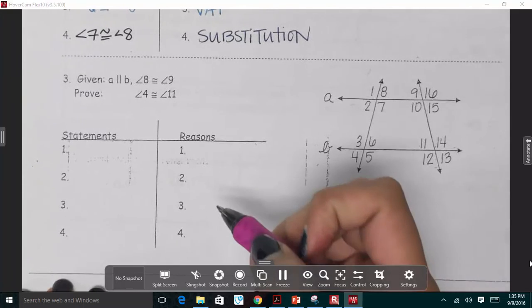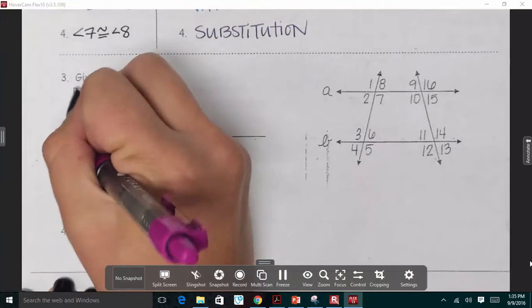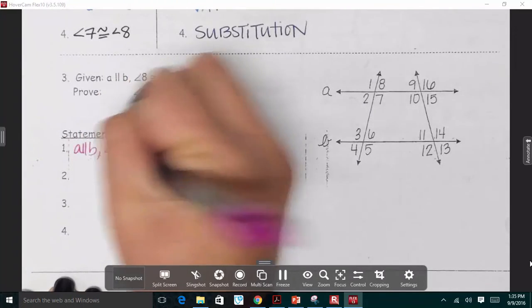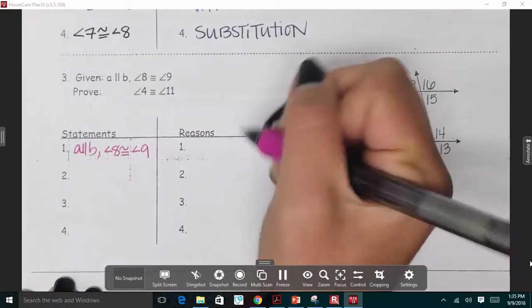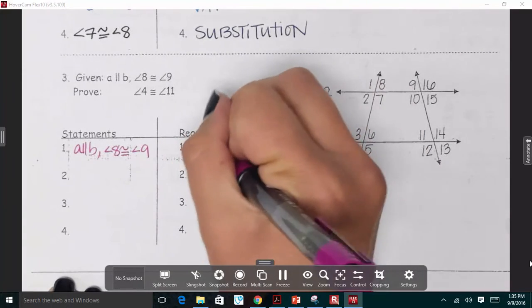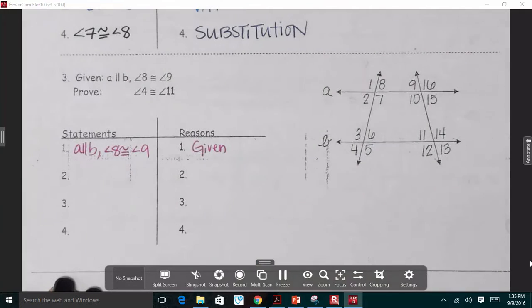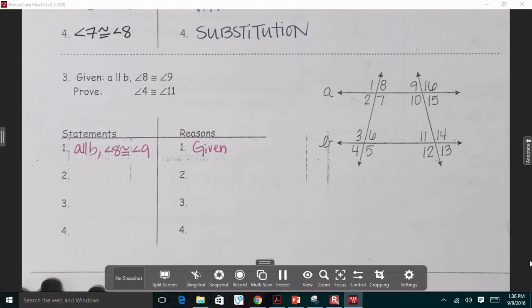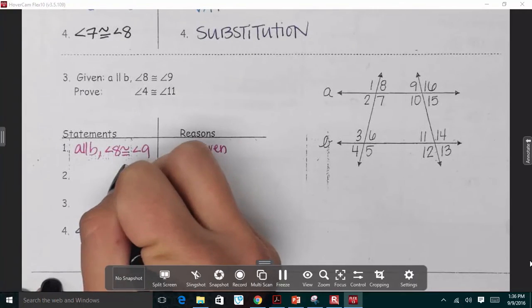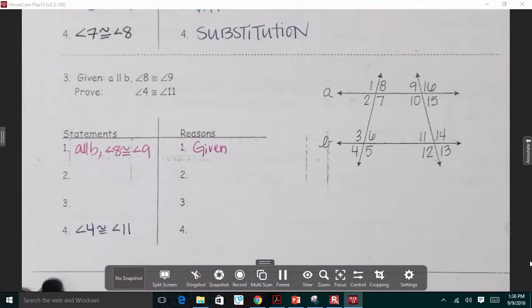Okay, so we're going to write A is parallel to B, and angle 8 is congruent to angle 9. And what's our reason? Given. It's given. Okay, and what can we write last? Angle 4 is congruent to angle 11. Yes, the proof. Angle 4 is congruent to angle 11.